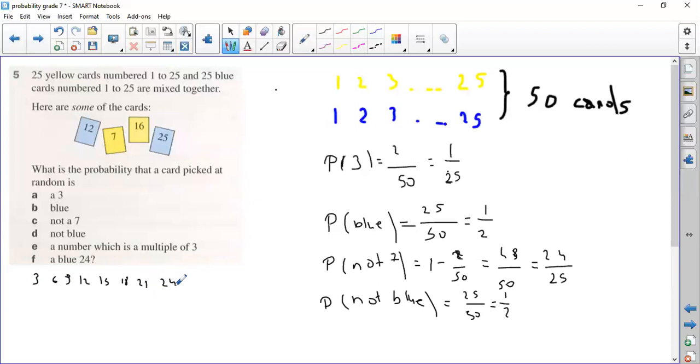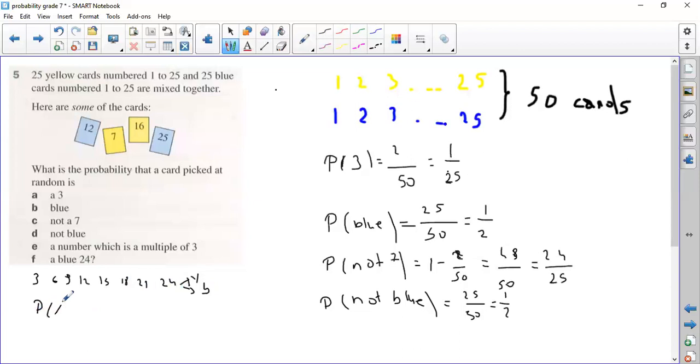So these ones are multiples of 3. These multiples are found twice, once for yellow cards and once for blue cards. So I have in total 8 for yellow and 8 for blue.